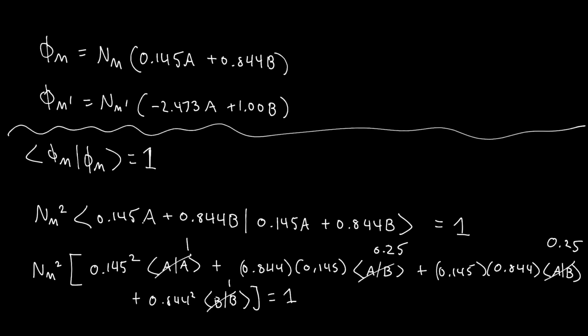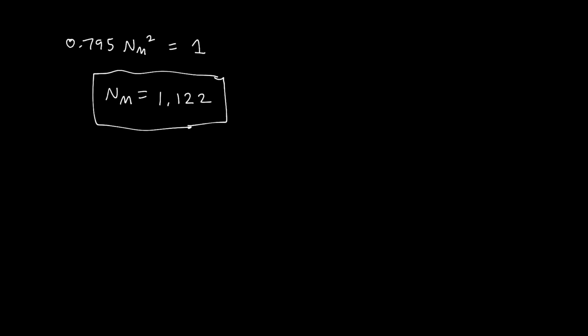And we can expand that out into 0.145 squared <a|a> plus 0.844 <a|b> plus 0.145 <a|b> plus 0.844 squared <b|b>, and all that equals 1. After doing the math, you end up getting 0.795 nm squared equals 1. So you get nm equals 1.122.